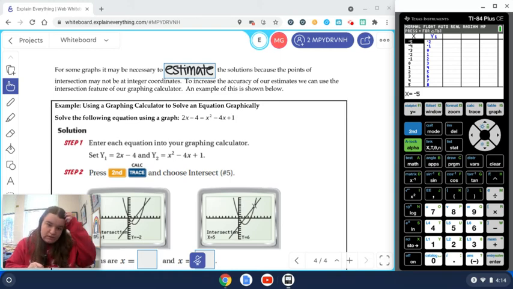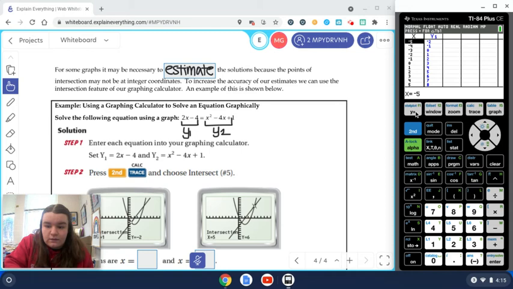So we have the equation we're trying to solve, 2x minus 4 equals x squared minus 4x plus 1. And we took each side of those equations and plugged them into y1 and y2. So it looks like they took this half and plugged that into y1, and the second half into y2.